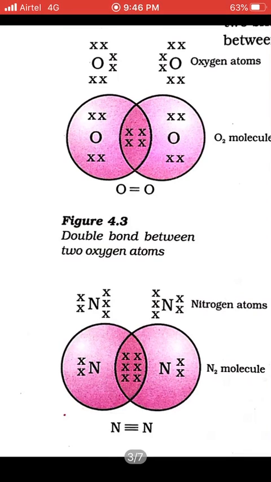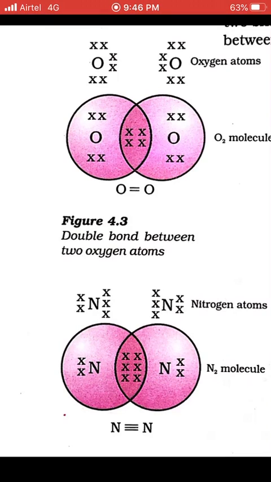As we all know, oxygen needs 8 electrons in its outermost orbit, but it has only 6, as its atomic number is 8. So the two atoms share 2 electrons. You can see there are 2 electrons from both sides, so they form O2. Understood? Similarly with N2, nitrogen atoms share 3 electrons.